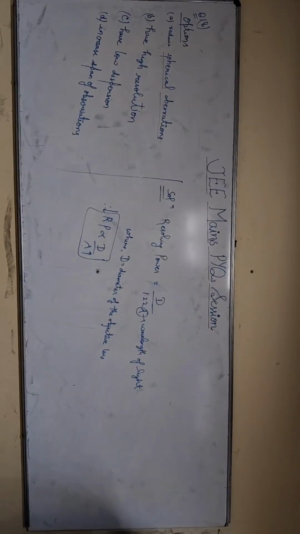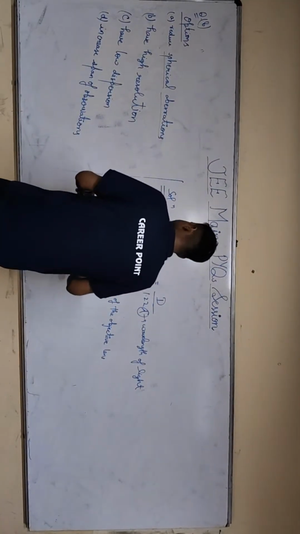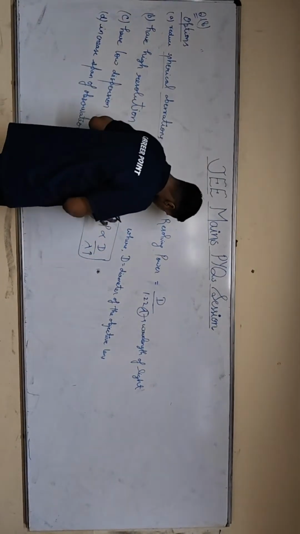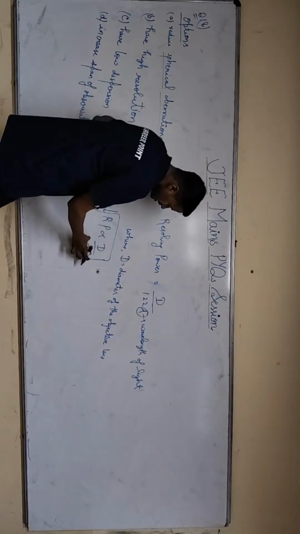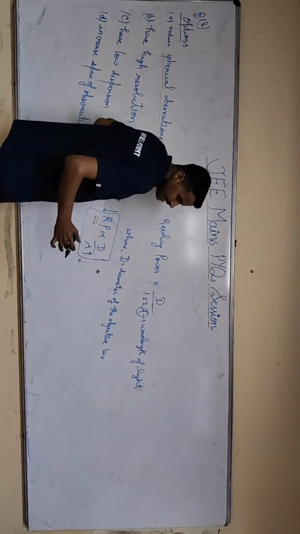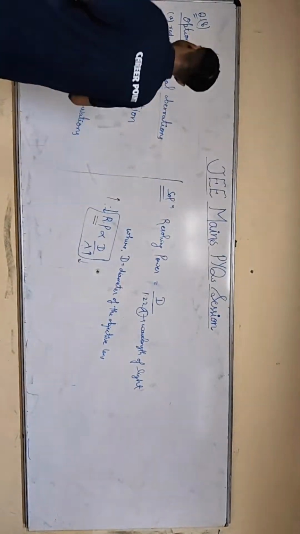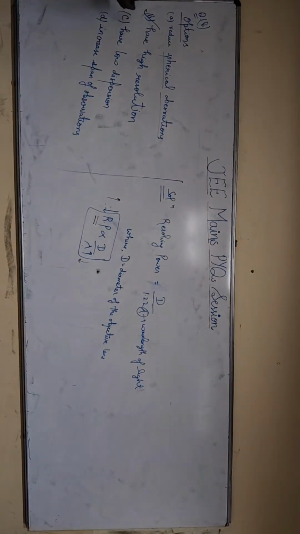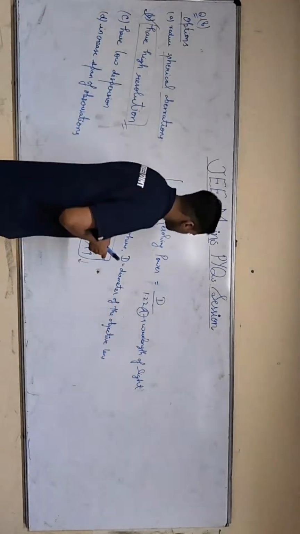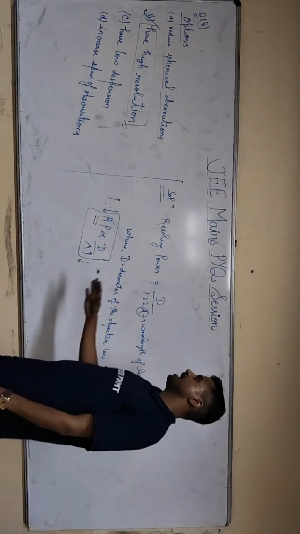Increasing the resolution is only possible when lambda decreases. If lambda decreases, then only we can increase the resolution of our astronomical telescope. So to increase the resolution, this is the correct option.